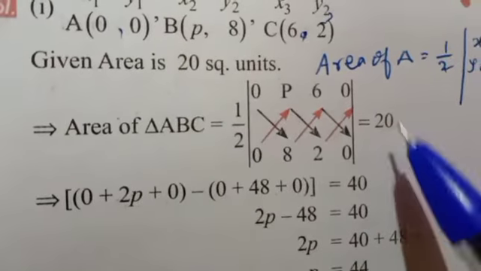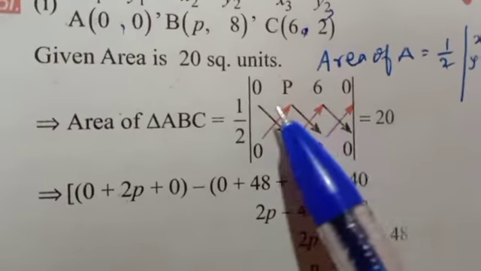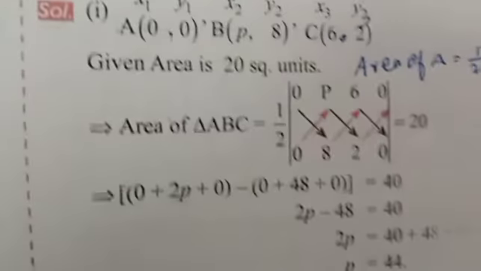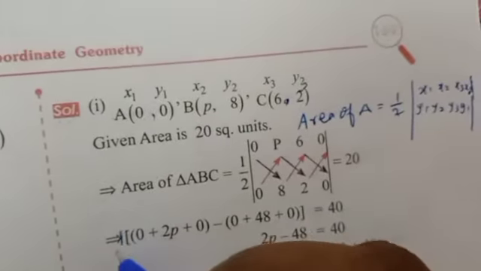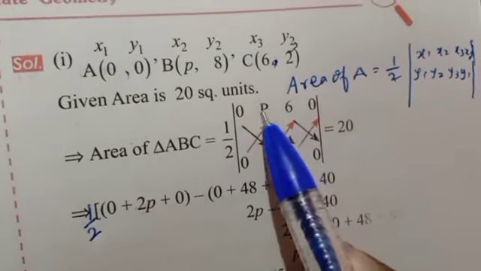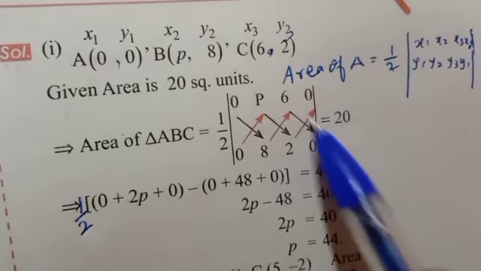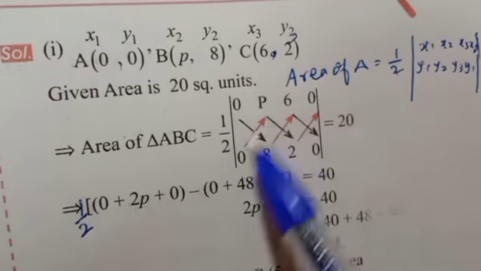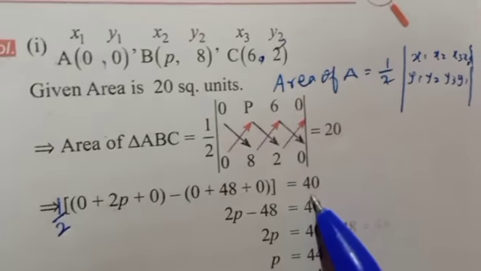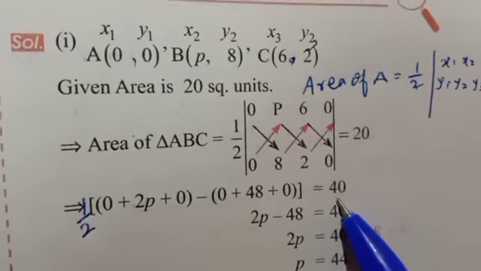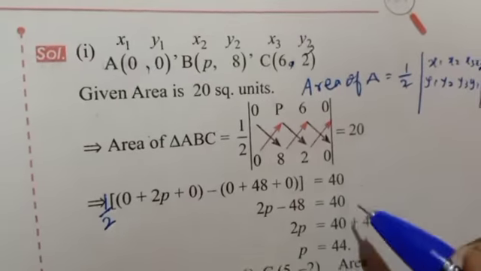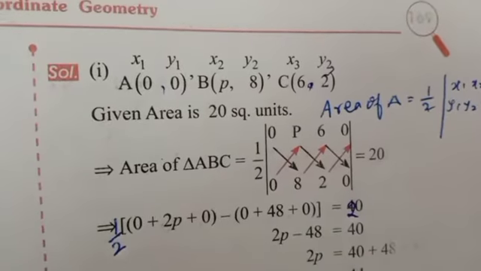So 1 by 2 into, multiplying 0 and 2, then 2 into p, 2p plus 0, minus of 0 into 6 and 8 into 6, which is 48, is equal to 20.